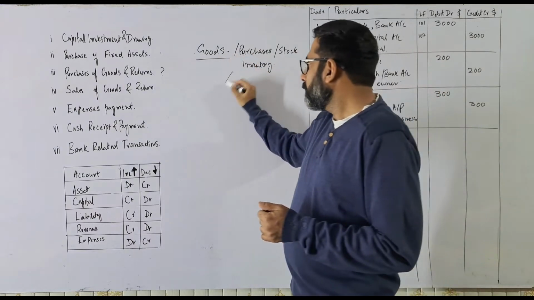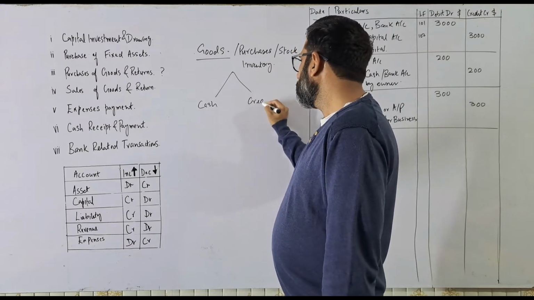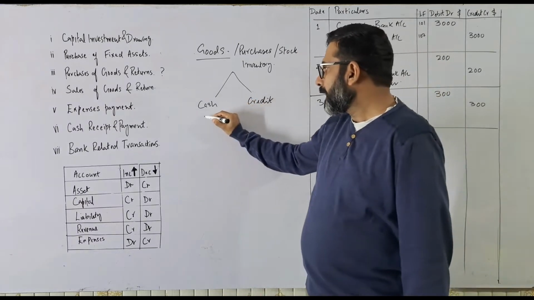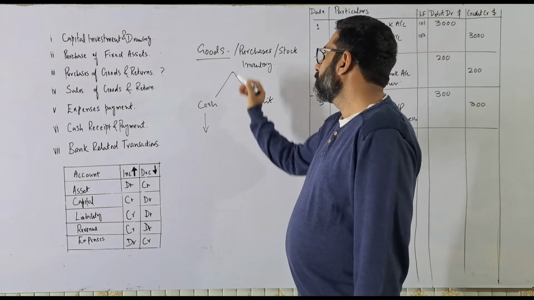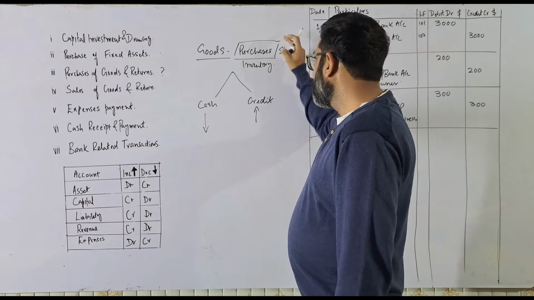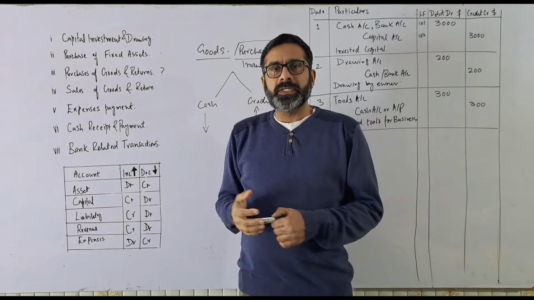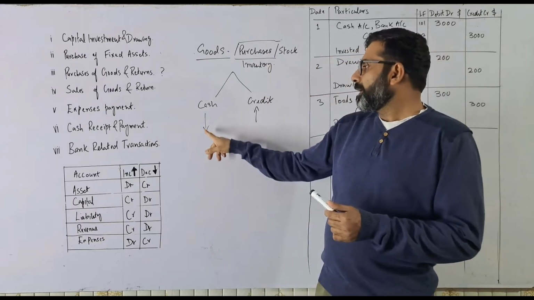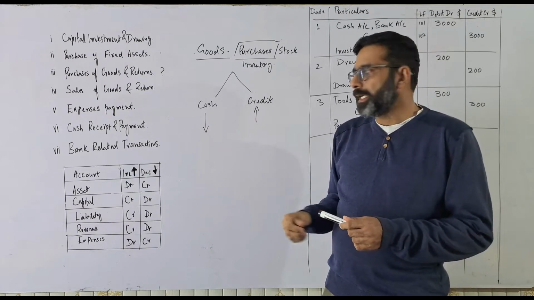Now it can be on the cash basis, or on the credit basis. Here the cash will decrease, here the credit will increase, and the purchases account will increase. The goods are coming into the business, so the goods will increase, that will be a debit. If they are paying cash, the cash will reduce, it will be on the credit side.